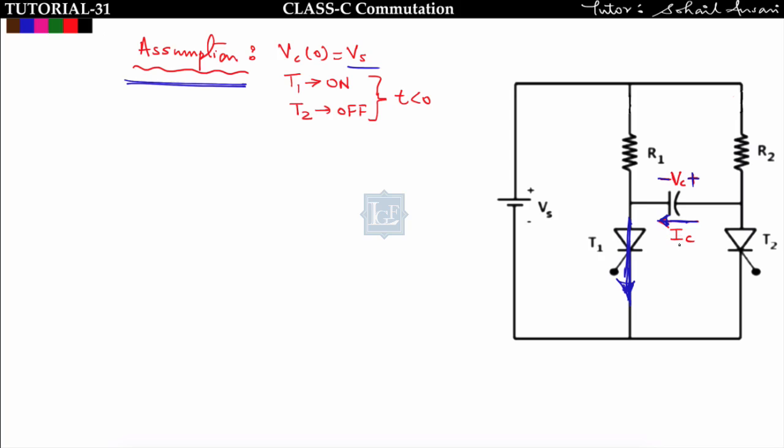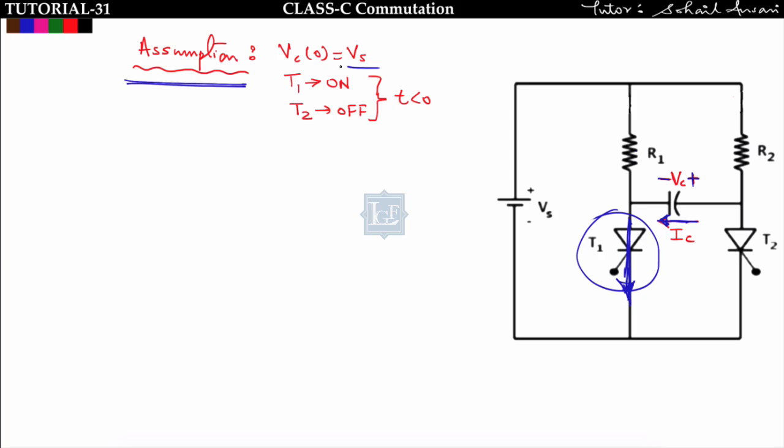This is my assumption. Now I have to turn off this thyristor T1 with the help of T2, R1 and R2. If I connect the supply across T2, then it will be mode 1. If I connect the supply across T1, then it will be mode 2. So both modes are independent of each other.